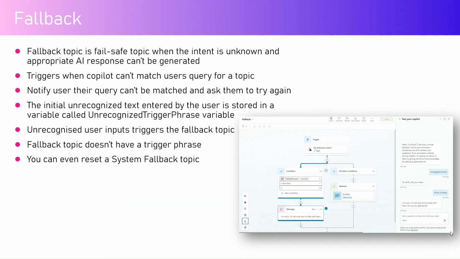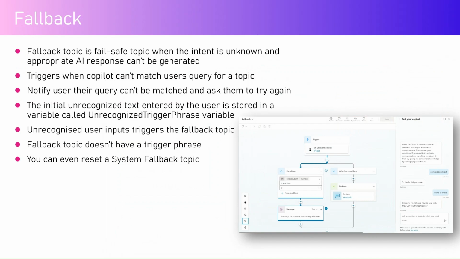So if the AI fails, and the topic doesn't match a specific trigger phrase, then the fallback topic comes into the picture. What happens within a fallback topic is that if a user asks a question and the Copilot is not able to understand it, it will go into this fallback topic, and then it will ask you x number of times.